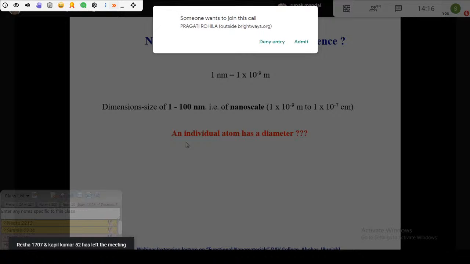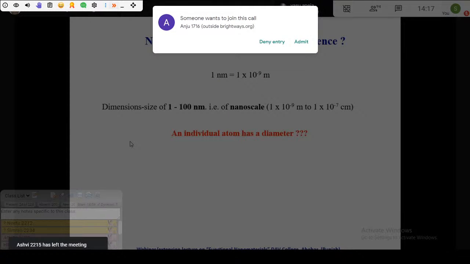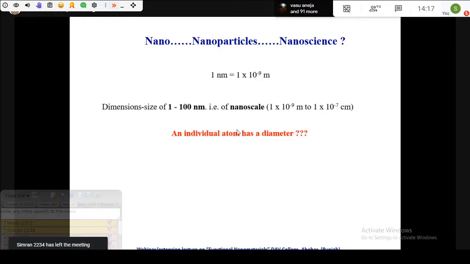So if you think that an individual atom, what is the size? So it's in angstrom. So it means if you talk about 1 nanometer, 2 nanometer, or 100 nanometer, it means there are a number of atoms. But still, we say like limited up to 1 to 100 nanometer.